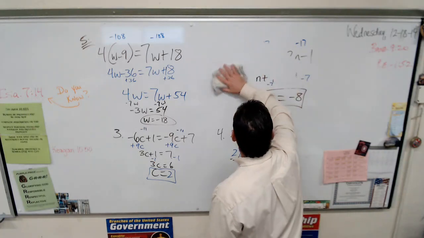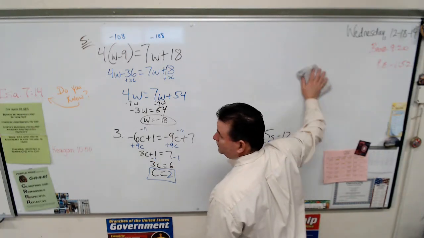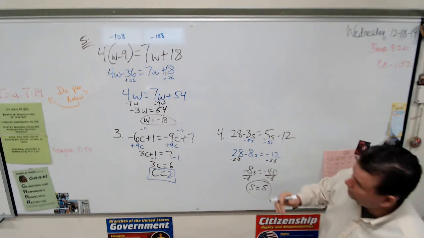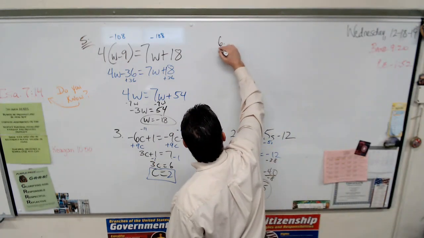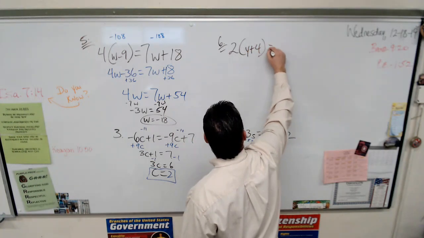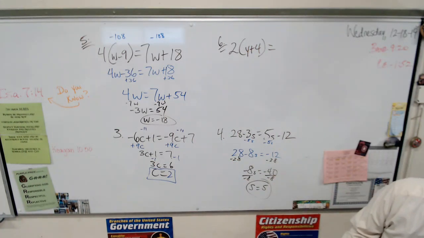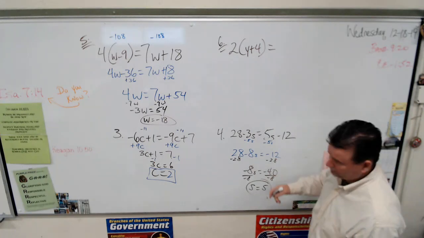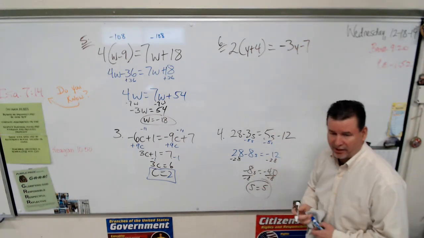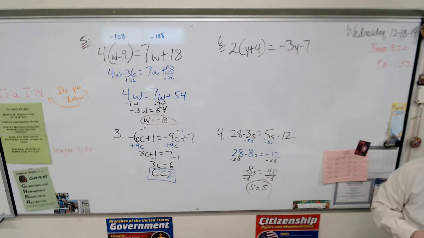Number 6. 2 times y plus 4. Negative y minus 7. Hey, stay with me here, Zacchaeus.